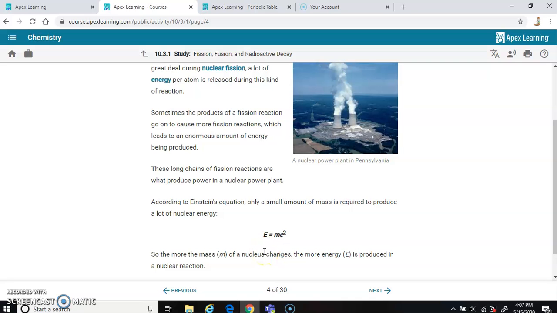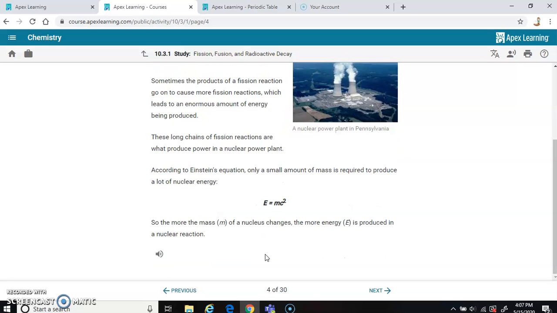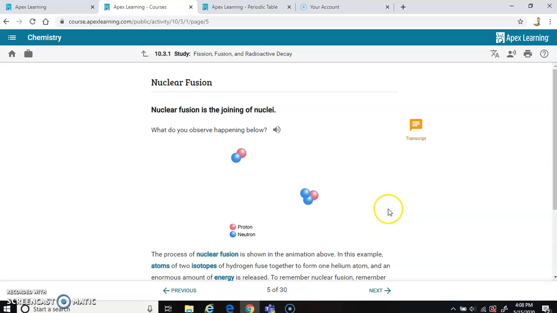E for energy, and m for mass. We're not really mentioning c, but we're talking about the E and the m. The more mass of the nucleus that is changing, the more energy, the E, that's going to be produced in the nuclear reaction.